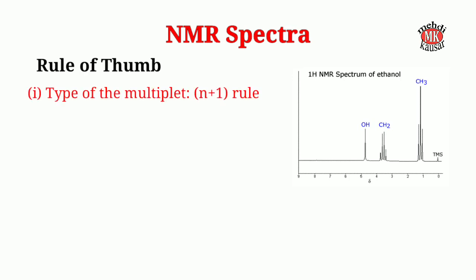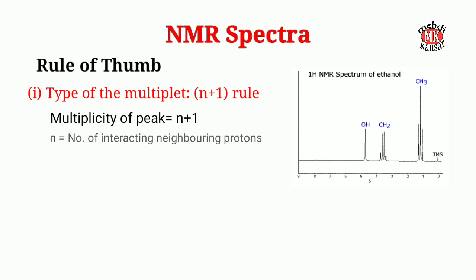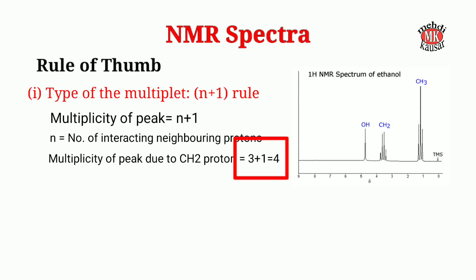The first one is that if there are n number of equivalent protons that interact with the proton being studied, then the absorption line will split into n plus 1 lines. This is known as the n plus 1 rule. For example, the multiplicity of CH2 proton in ethanol is 3 plus 1, which is equal to 4, due to the presence of 3 neighboring CH3 protons.